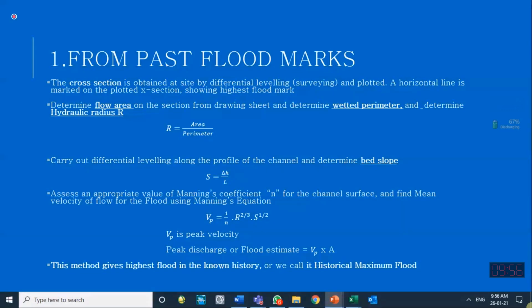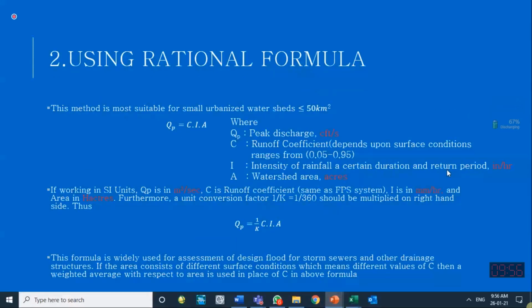They have such memories, like in the year of independence of Pakistan, they will tell you, when I was 10 years old, water reached my house up to this level. Use that as evidence and then calculate back the flow or the flood that occurred in that area. So previous records are important to estimate how much flood can occur in the new year.